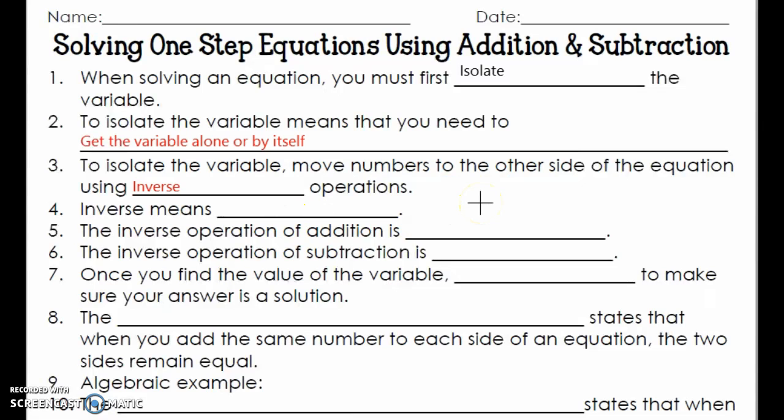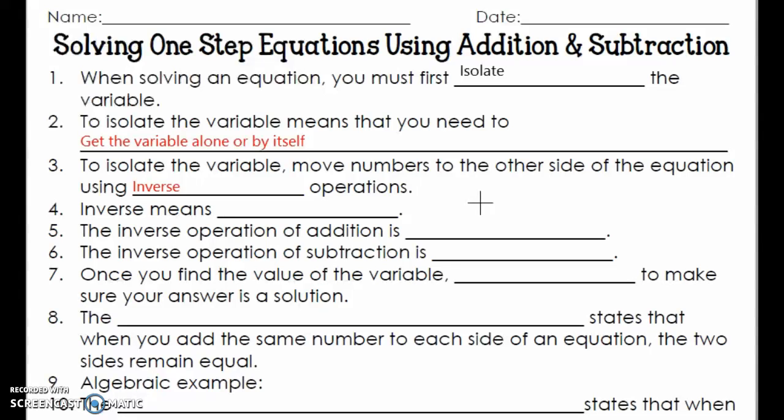Now, I want you to think back to the beginning of the year. We would say to you over and over again, what's the additive inverse? That's kind of what we're talking about right here. So the inverse of a -2 is a +2. The additive inverse of a +8 is a -8.